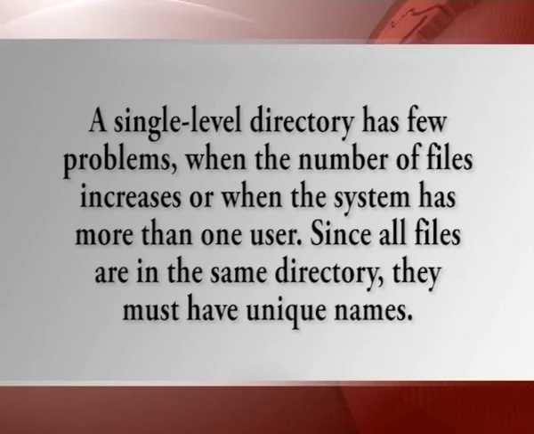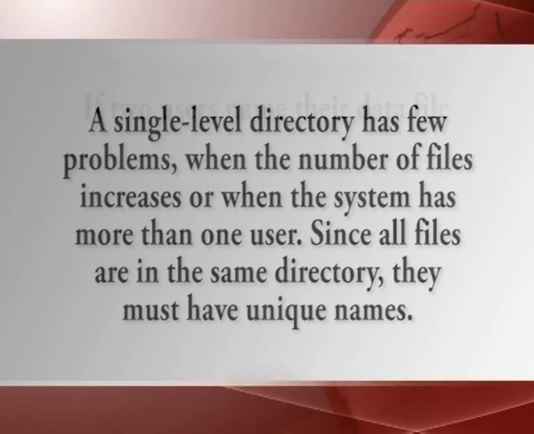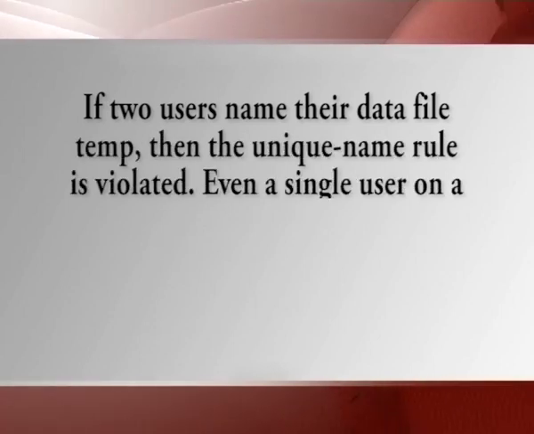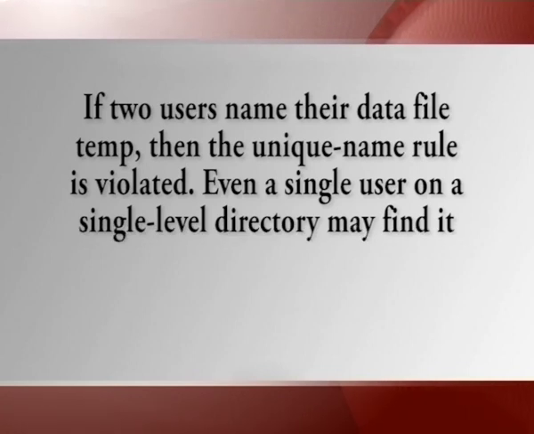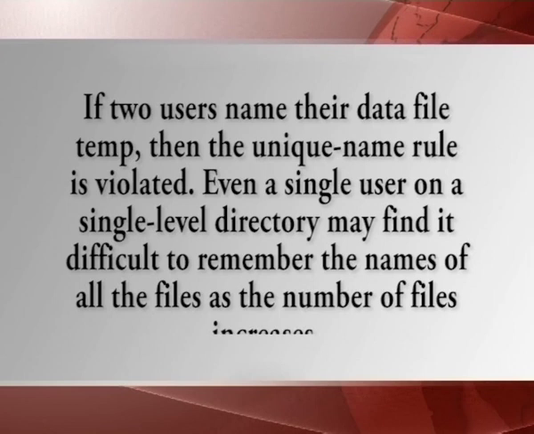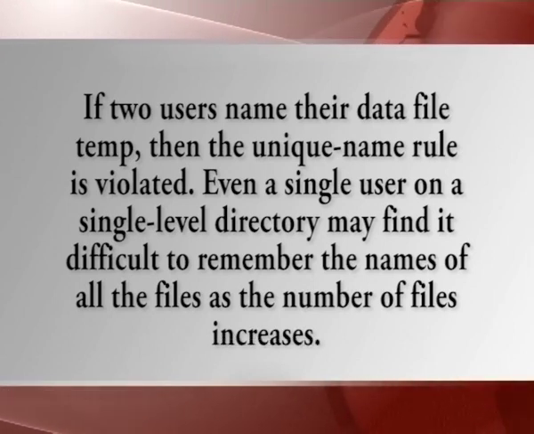Since all files are in the same directory, they must have unique names. If two users name their data file temp, then the unique name rule is violated. Even a single user on a single level directory may find it difficult to remember the names of all the files as the number of files increases.